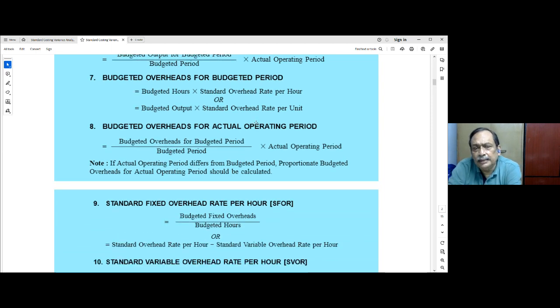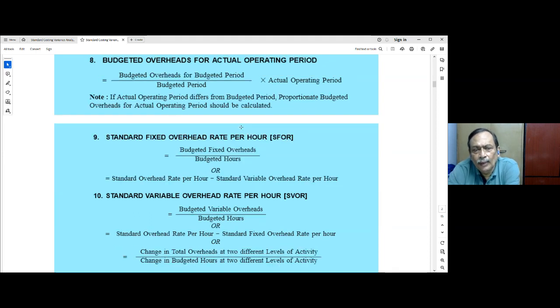Then number 8, budgeted overheads for actual operating period, that we calculate as budgeted overheads for budgeted period divided by budgeted period into actual operating period. If actual operating period differs from budgeted period, proportionate budgeted overheads for actual operating period should be calculated.